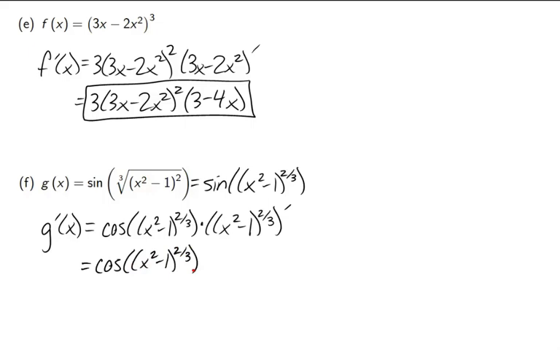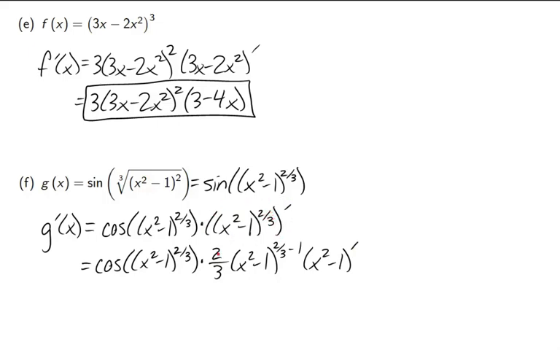Here's what we had a moment ago. Now, the outside function is the 2/3. If I've got u to the 2/3, I'm going to get 2/3 u to the 2/3 minus 1 times the derivative of the inside. Think of just this part of the function for what I just did. The outside was the 2/3.